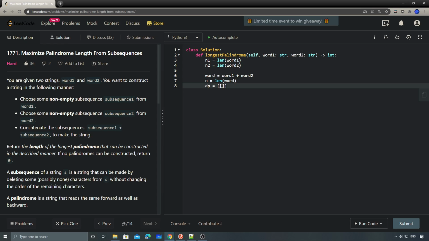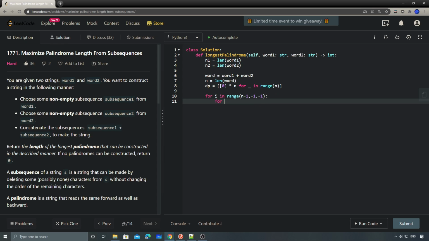So for dp, we initialize it with 0 for each in range of n, so that's how we initialize this dp for the combined word here.